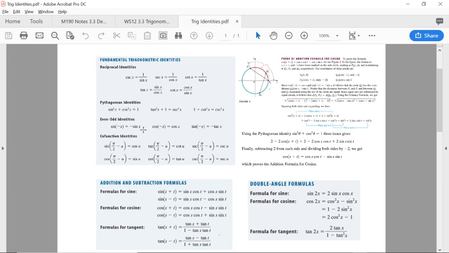The even and odd identities. Recall when we're looking at a graph of a function that an even function is one that is symmetric about the y-axis. And if we recall the graph of the cosine function, the cosine wave is symmetric about the y-axis. Hence, the cosine function is even. The sine function is an example of an odd function, and so is the tangent. An odd function's graph is symmetric about the origin.